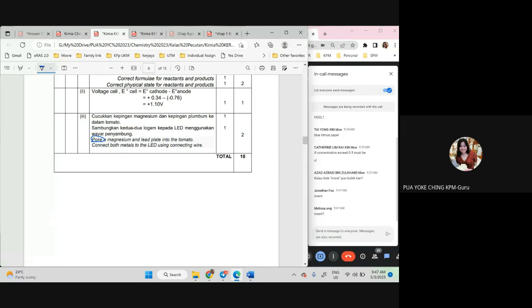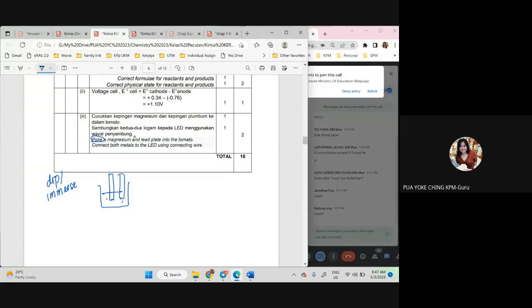Kalau saya teringat insert lah. Deep dengan immerse tak boleh ya? Sebab deep dengan immerse, dia mesti bawah tu ialah solution. Okay, so this is deep. Okay, so you pakai insert.